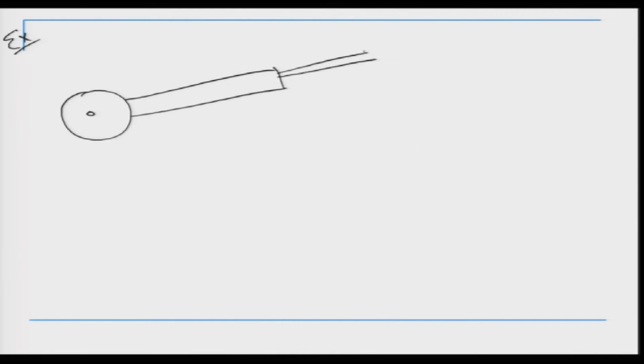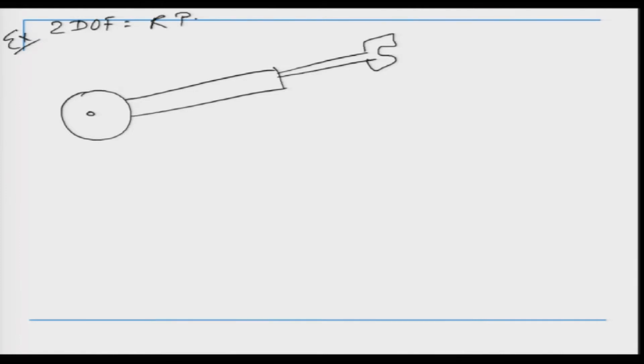So, let us have a look at an example, and see how we can derive the torques. Essentially this is a robot manipulator with 2 degrees of freedom, and it has one revolute joint and a prismatic joint.